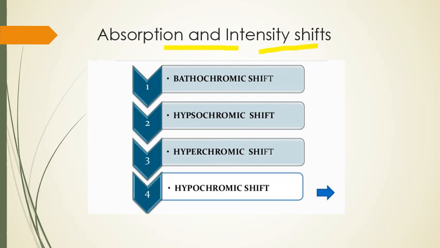The first shift is the bathochromic shift, which is an absorption shift, also called red shift. The hypsochromic shift is also an absorption shift, also called blue shift. The hyperchromic shift is an intensity shift, and the hypochromic shift is also an intensity shift. So two are absorption shifts, and the other two are intensity shifts.